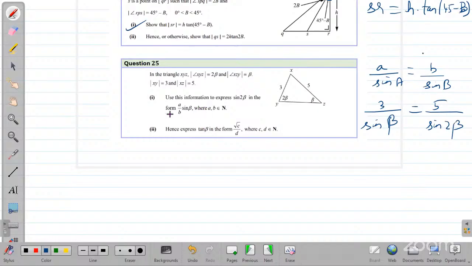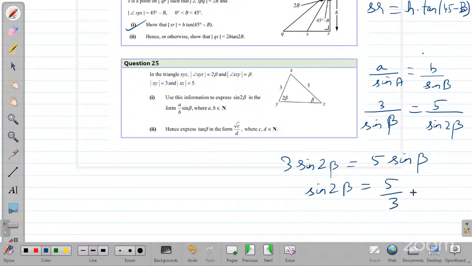So 3 sine 2 beta equals 5 sine beta, and sine 2 beta equals 5 over 3 sine beta. So this is the first proof. See whether you are able to understand the solution.